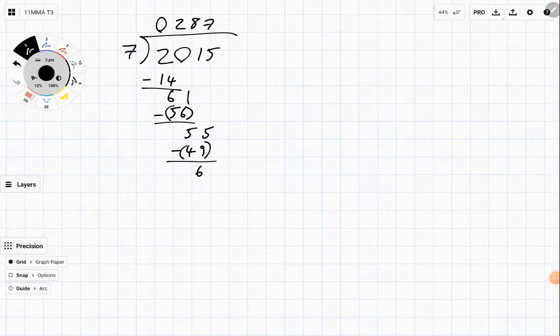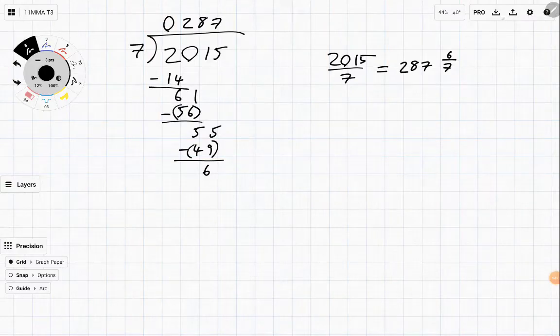So in this particular case, 2015 divided by 7 is equal to 287 and 6 sevenths. Because that's what the remainder means. It's the bit that goes on the fraction. It's the incomplete part. Okay? So that's just regular long division.